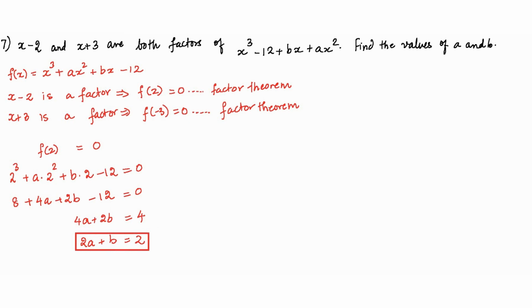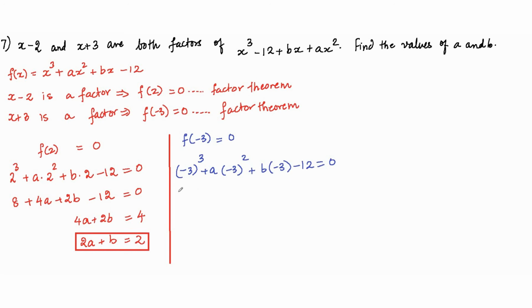Now let's take a look at the second condition that we have. We have f of minus 3 equal to 0. So f of minus 3 equal to 0 means we have minus 3 the whole cube, plus a into minus 3 the whole square, plus b into minus 3 minus 12 equal to 0.